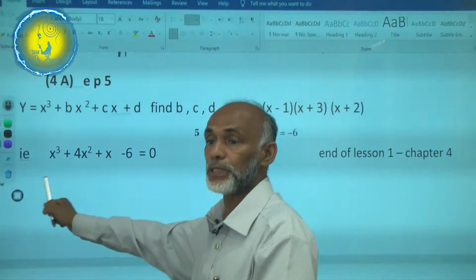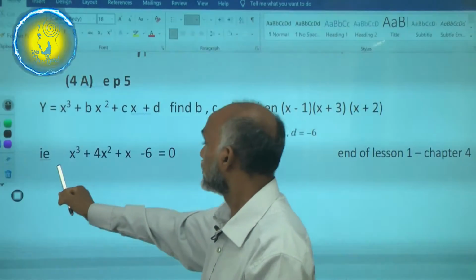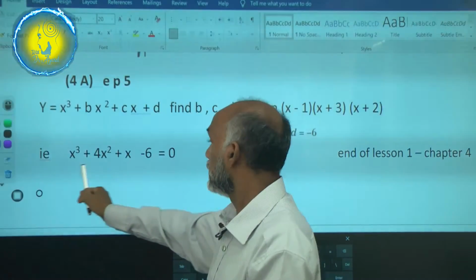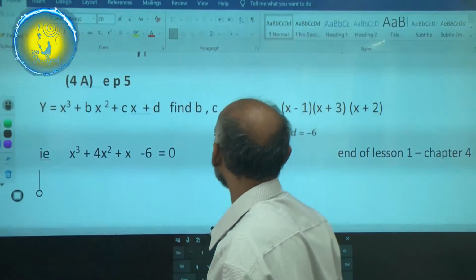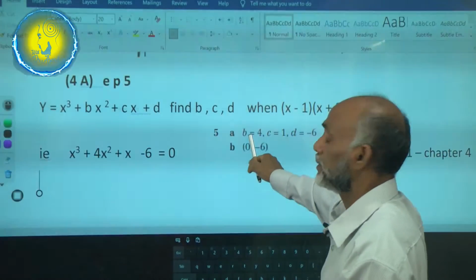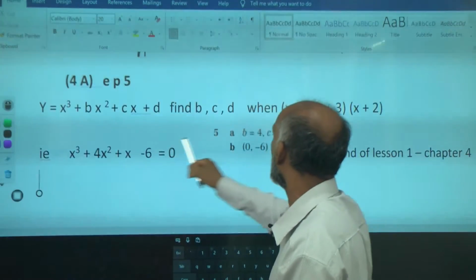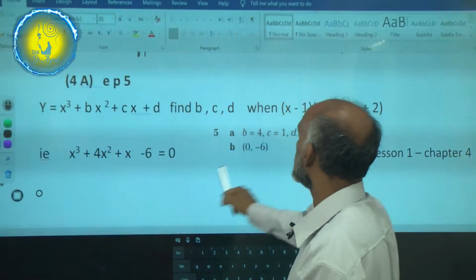Once you arrange the equation in the correct order, in polynomial order, x to the power 3, x to the power 2, in this order, you will be able to identify a, b, c and d. This is how we got the answer for a. b is 4, c is 1 and d is minus 6.